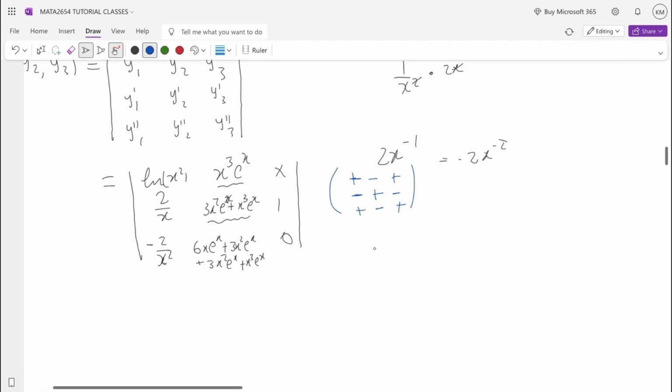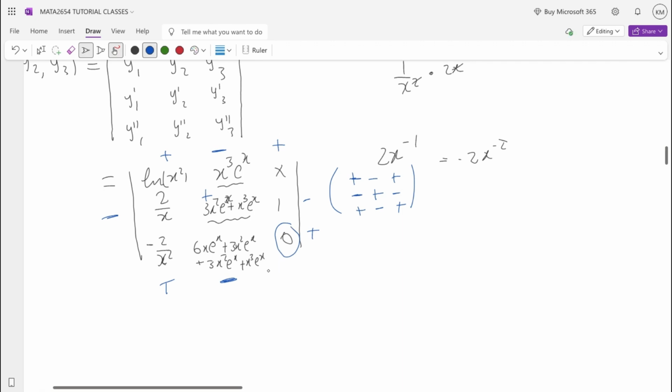These signs go with the respective row and column. The first entry is plus, the second is minus, the third is plus, and so forth. This one is negative, this one is positive, this one is negative, and the middle one there is positive. Depending on which way you want to go, I'll utilize the opportunity of having a zero there.